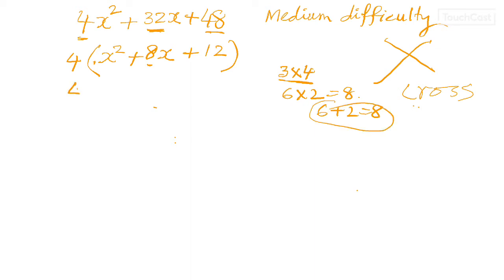So 4 remains as is, and there will be 2 brackets, and it's going to be x plus 6 and x plus 2. From now on, I'm going to call them of medium difficulty. These are not the hardest possible quadratics, although there are numbers in front of x squared.